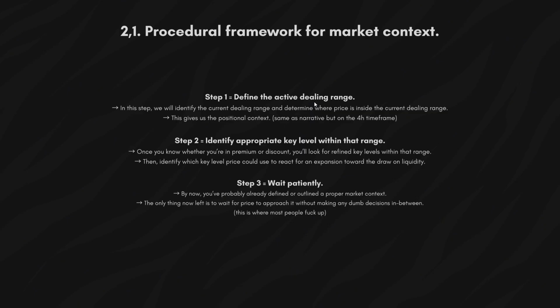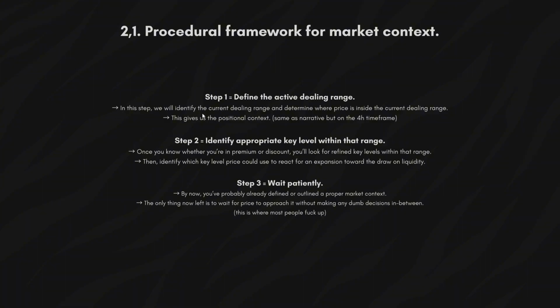It can't be a bullish dealing range because your directional bias is bearish. Similarly, if your directional bias is bullish, then you would have to find a bullish dealing range. Okay, so it can't be just a random one. It must be aligned with the higher time frame directional bias. Okay, and this is the first thing that we do.